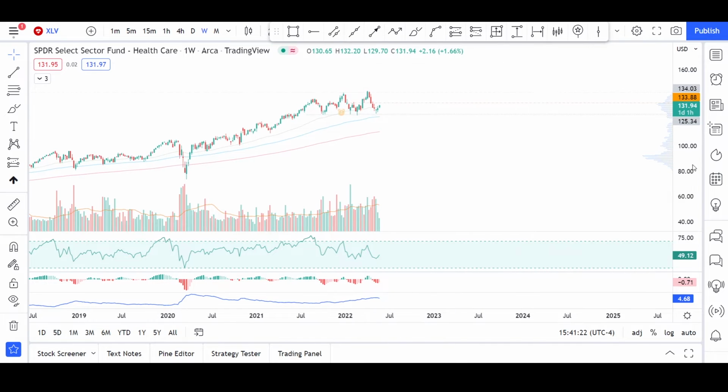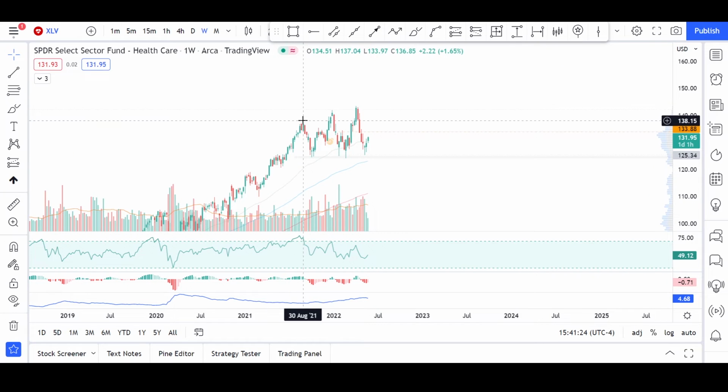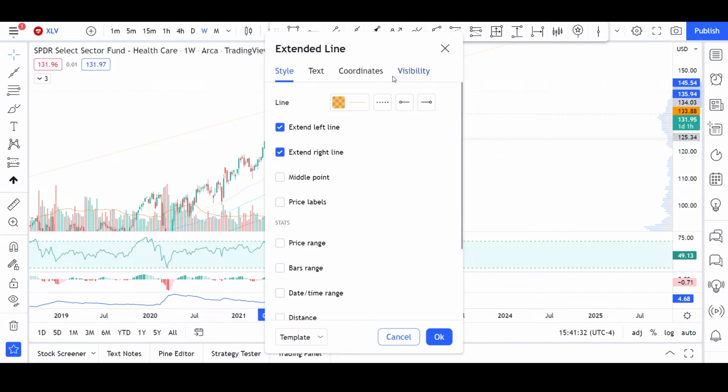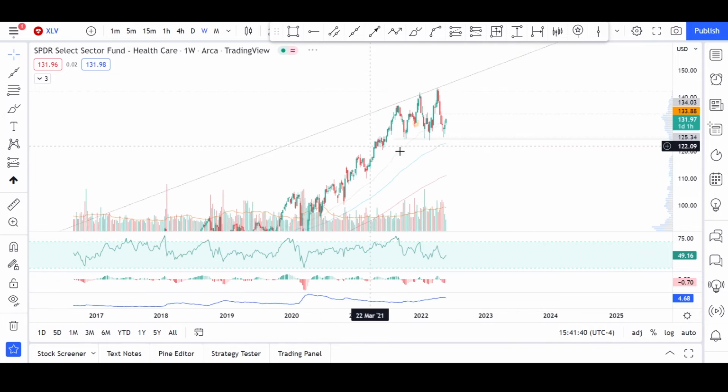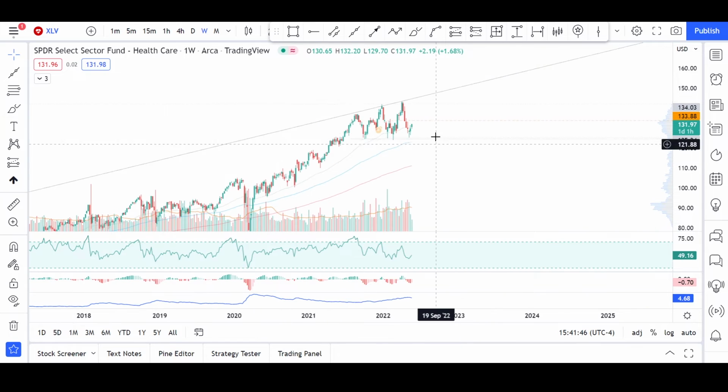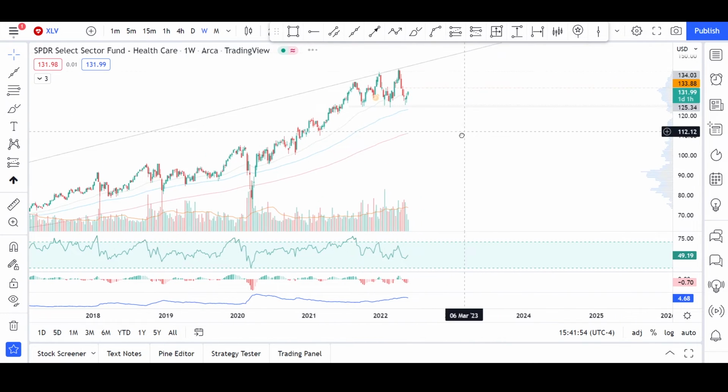And finally, let's have a look at healthcare. Right now we are observing kind of an extending and widening triangle that could lead to even the 150-ish area in the upcoming future.